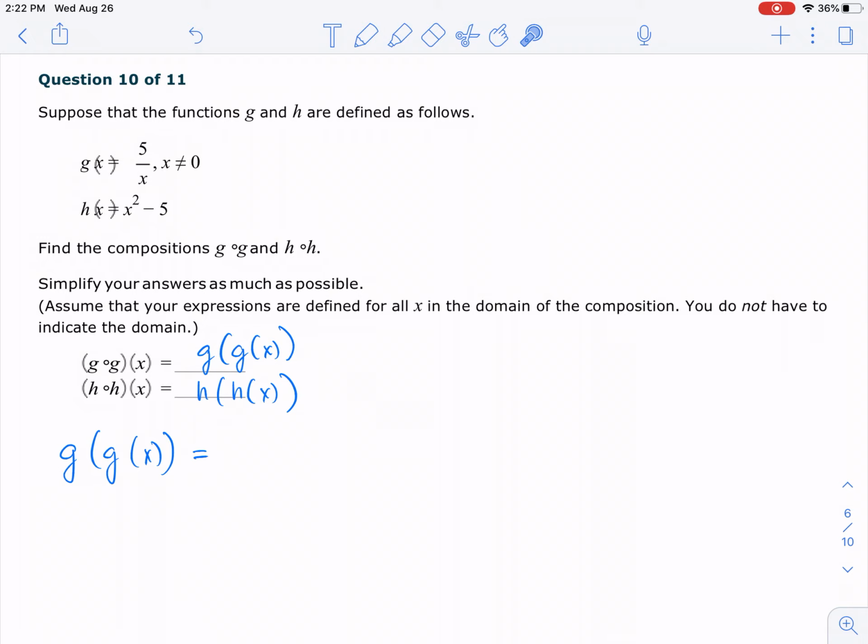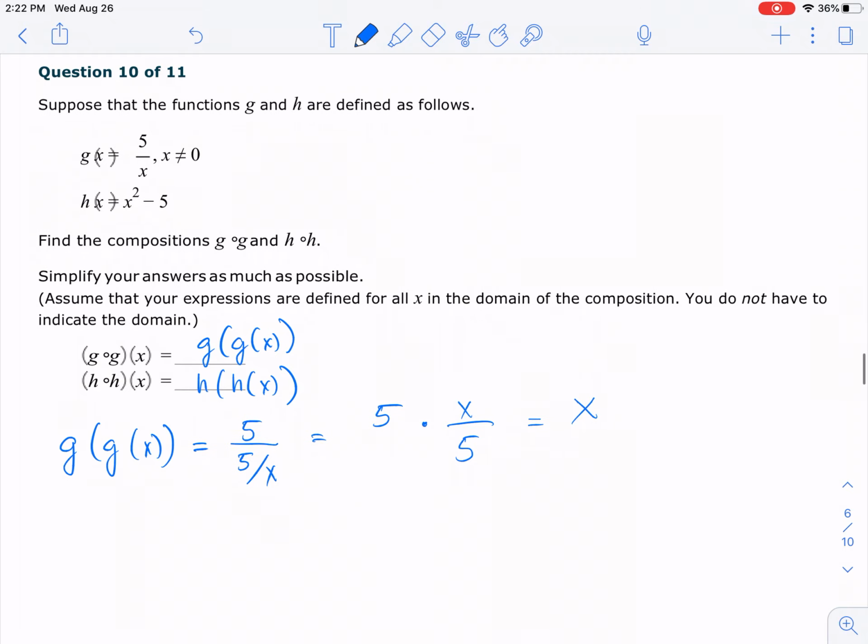So we're gonna take g of x and you plug it in g of x. So it looks like this: 5 over, that's gonna be g of x, which is 5 over x. What's that? That's a quotient. So we multiply by the reciprocal, which is x.